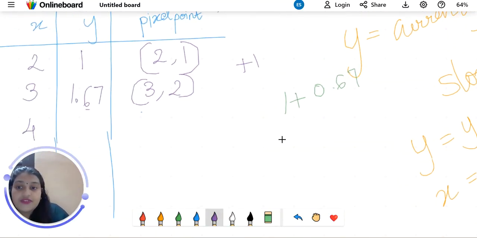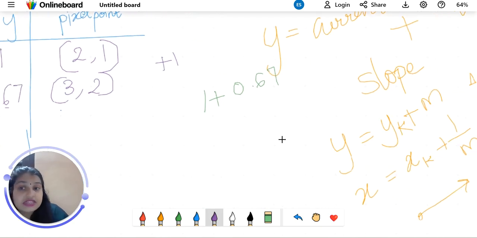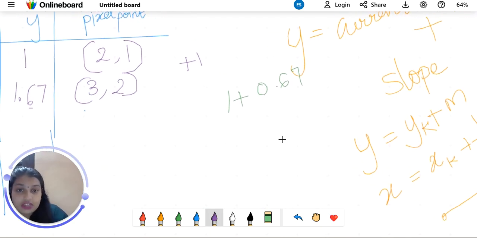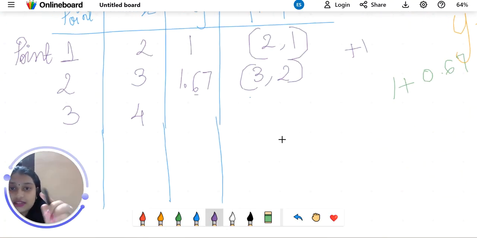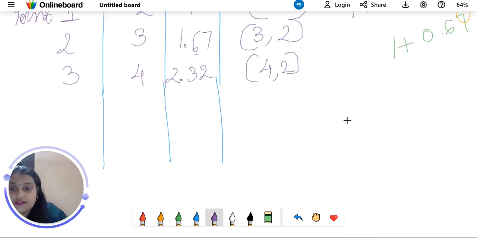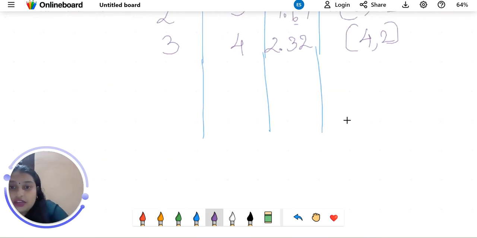So we have 1.67 as yk, and 0.67 as the slope, and then we get the y value as 2.32. Now rounding off, we get 4 comma 2.